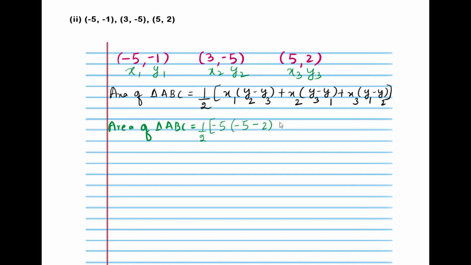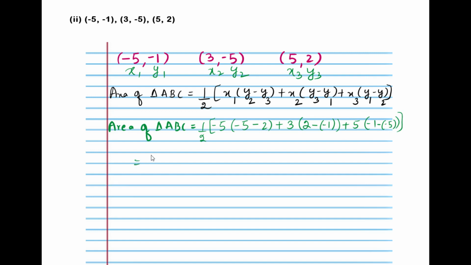What is x2? x2 is 3, y3 is 2 and y1 is minus 1, minus of minus 1 plus x3 is 5, y1 is minus 1, y2 is minus 5, therefore minus of minus 5.